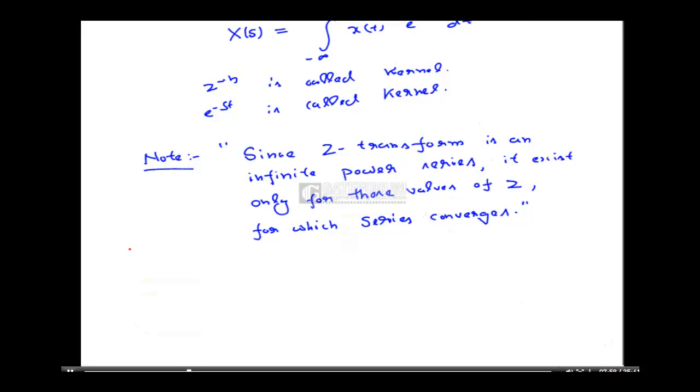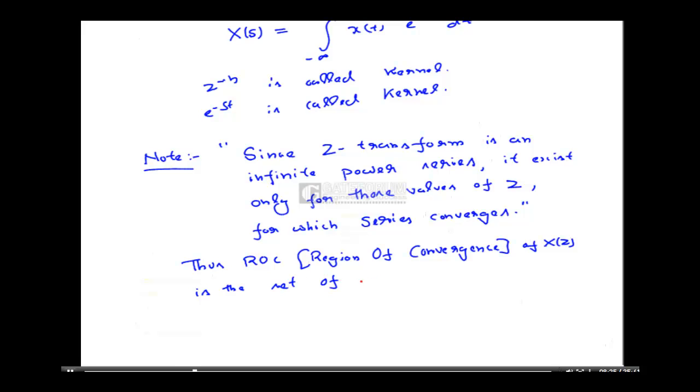Next. Thus, the ROC, or region of convergence, of X(z) is the set of all values for which X(z) attains a finite value.